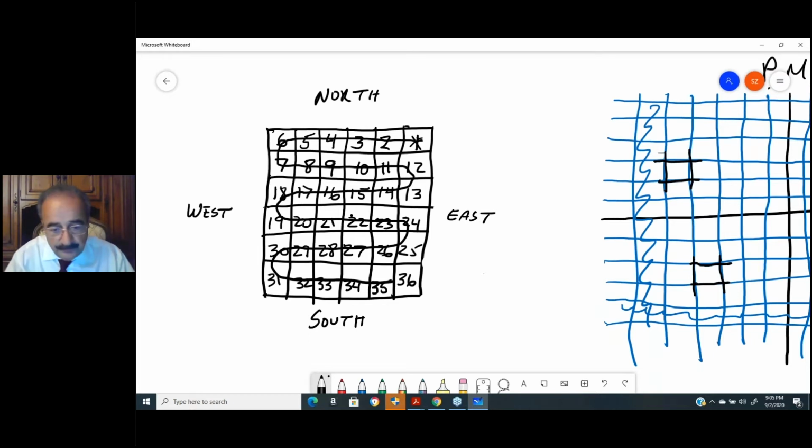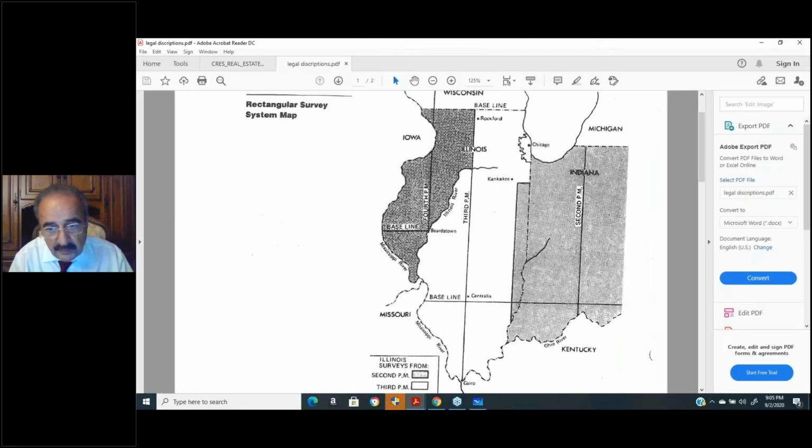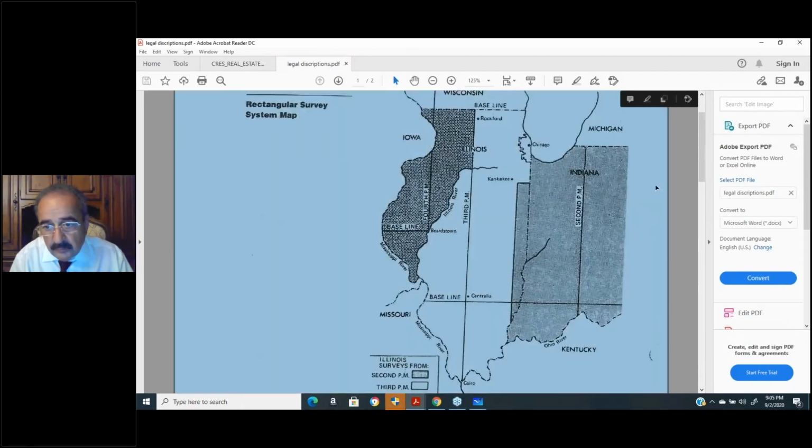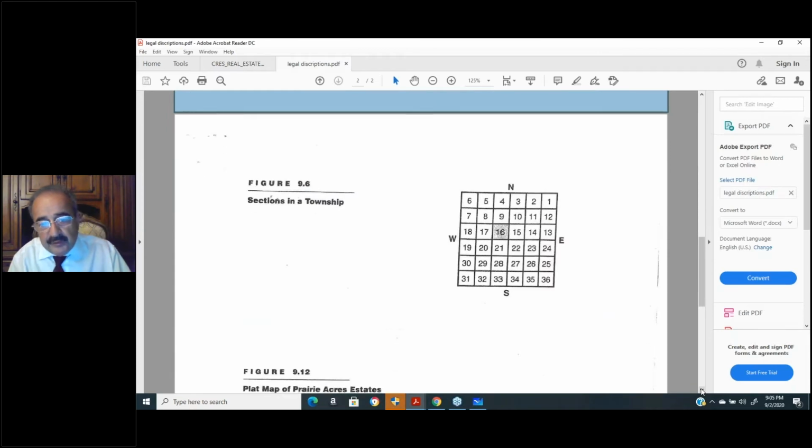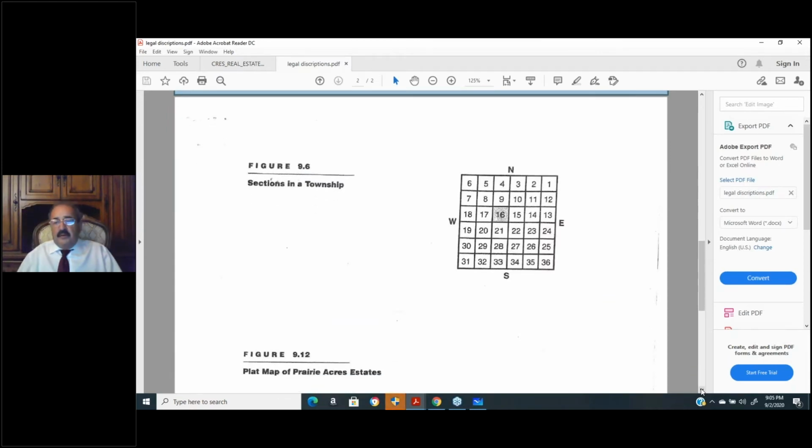Now, get back to my map here. You see, here's a numbering system. I have it up here. Now, let me give you a couple of examples that some of you will get. What section number is north of section number 10?